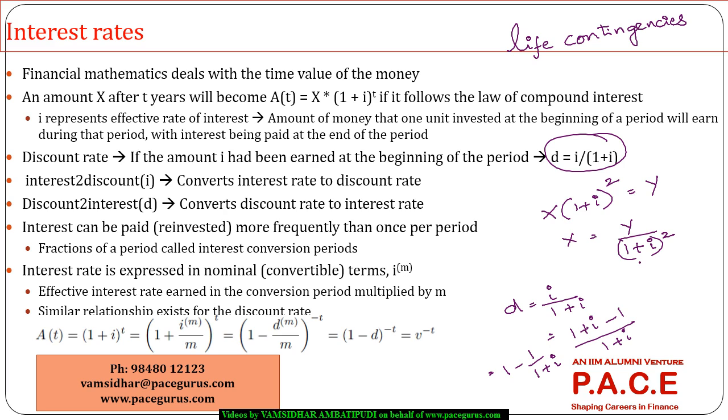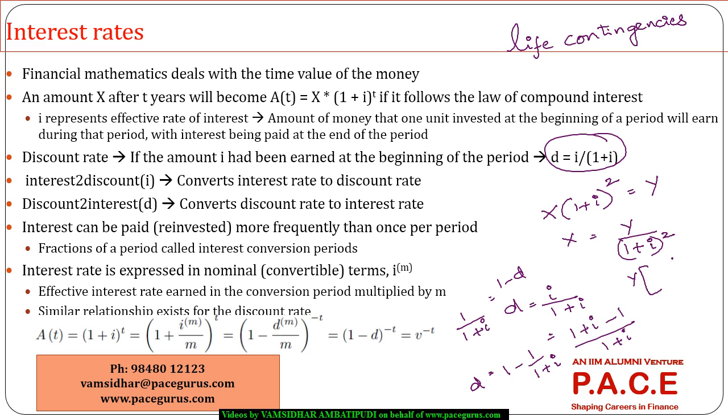Now this is what is typically being used. So instead of saying y by 1 plus i squared, I have made it as y into 1 minus d squared. Now this is d, right? d equal to this. So 1 by 1 plus i is nothing but 1 minus d.